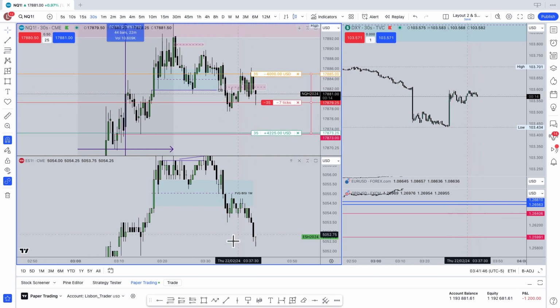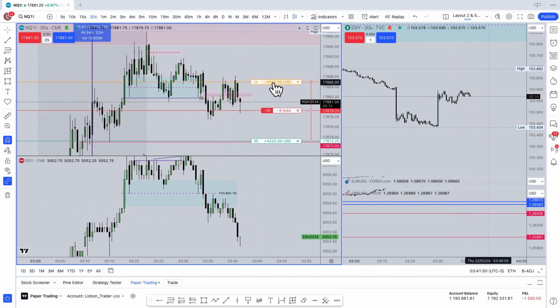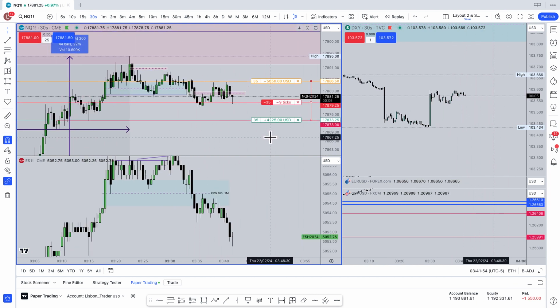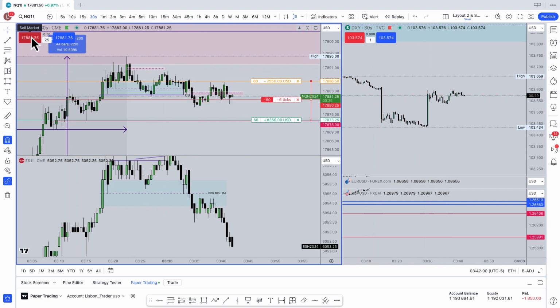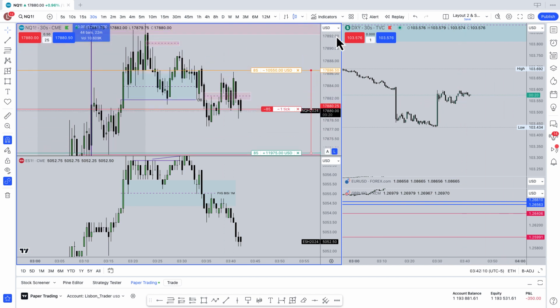So let's see if this was SMT on the lows here, and NQ wants to keep pushing it higher. So we are officially 8k in drawdown. Entering with a 10 risk. So this level was not tagged.